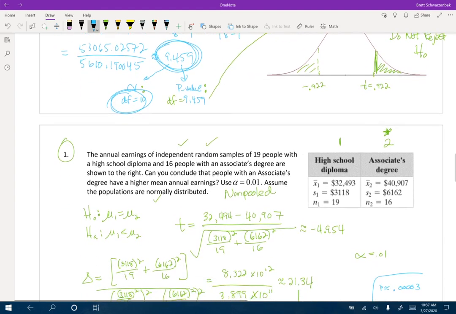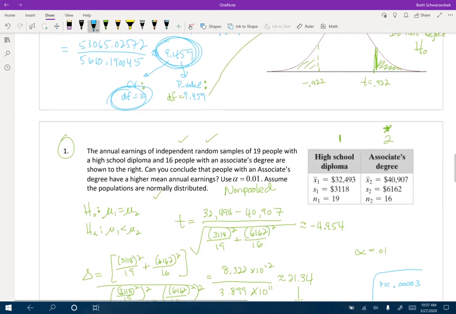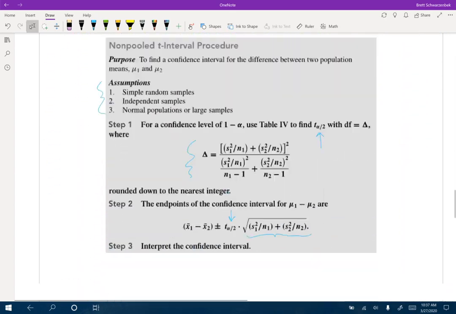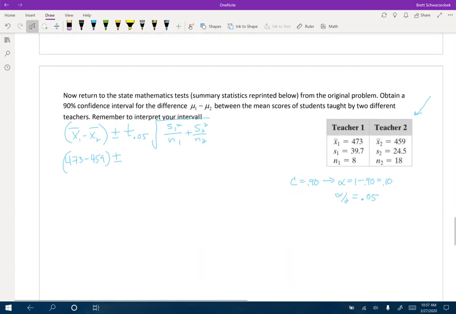So let's look at that. So 9.459 degrees of freedom is 10. So we'll say degrees of freedom is 10.